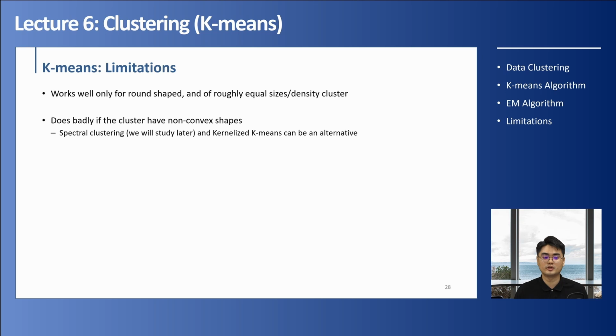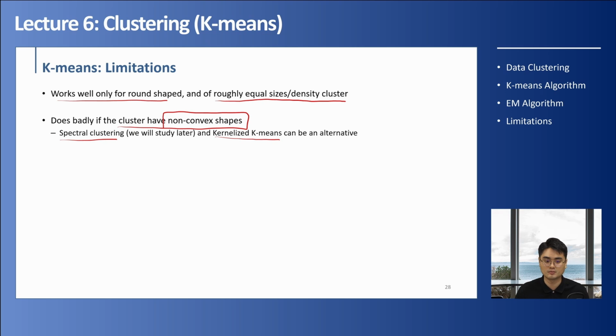Also, k-means clustering works well only for round shapes, and if the clusters have roughly equal sizes or density. It also does really badly if the clusters have non-convex shapes. I'm not going to explain this in more detail, but we can use spectral clustering or kernelized k-means clustering to overcome this problem.